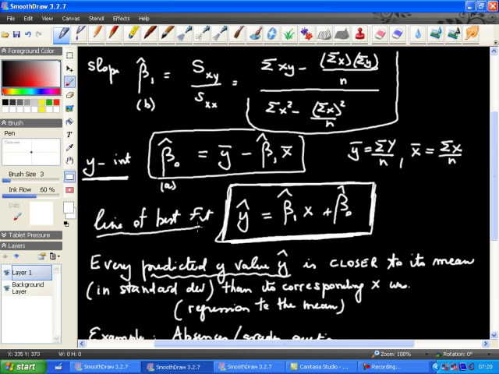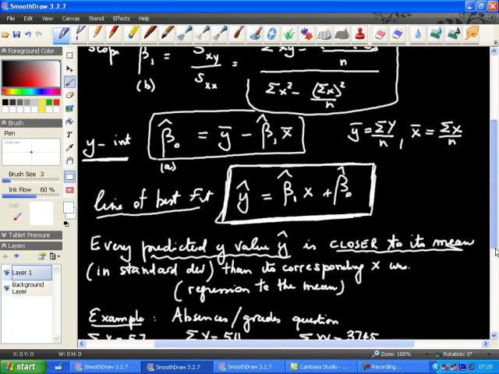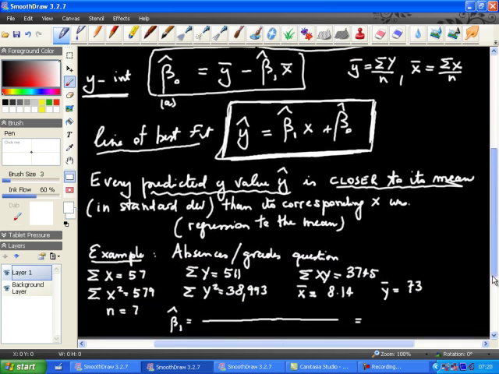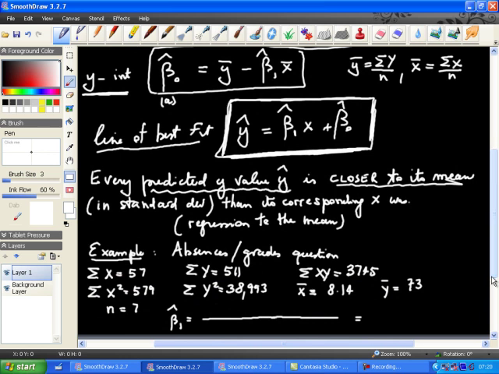What happens is that every predicted y value, which is called y hat, is closer to its mean than the corresponding value of x, in standard deviation terms, and so there is a regression to the mean. Just to give you an example, for the absence and grades question, I am recalling from the previous example all the sums: sum of x, sum of x squared, n equals 7, sum of y squared, sum of xy.